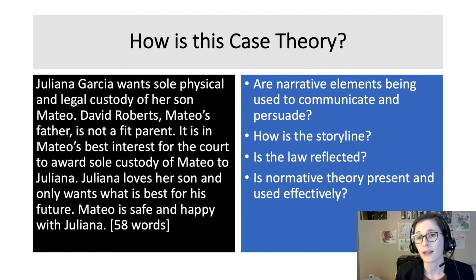Consider how the storyline is, whether or not the law is reflected, and then consider whether normative theory is present or used effectively. So please pause your video and take a moment to read the sample case theory for Juliana Garcia and write down your thoughts on the questions posted on the screen. We'll be discussing your responses together in class.